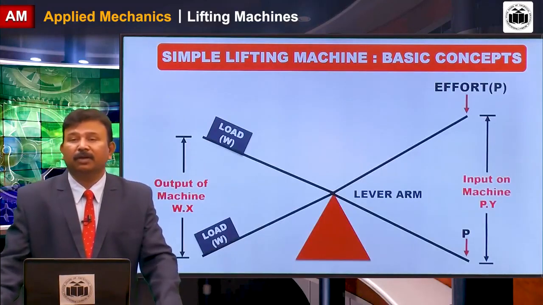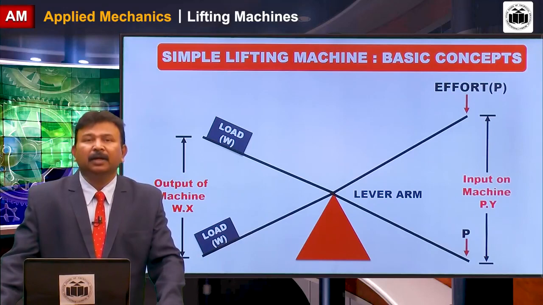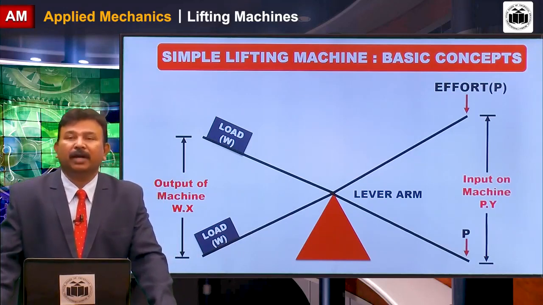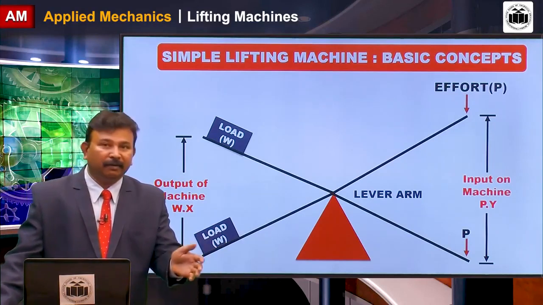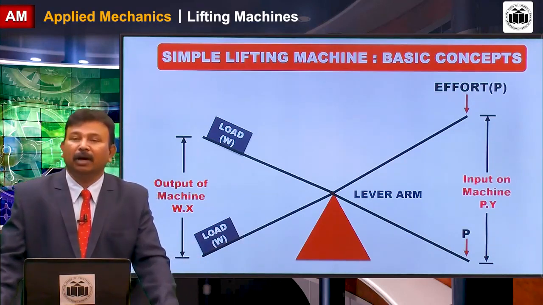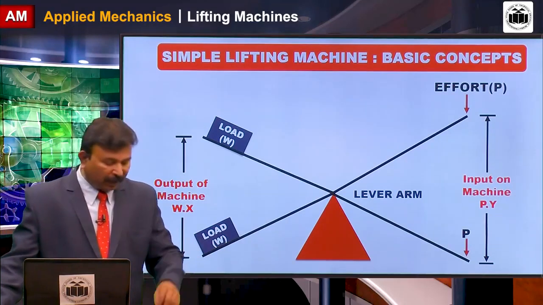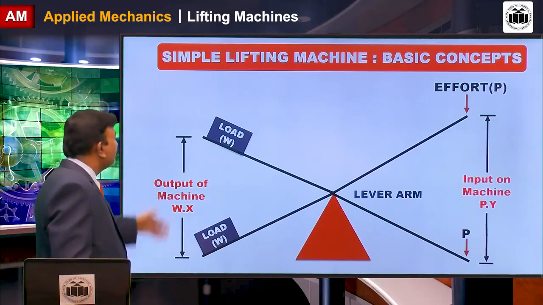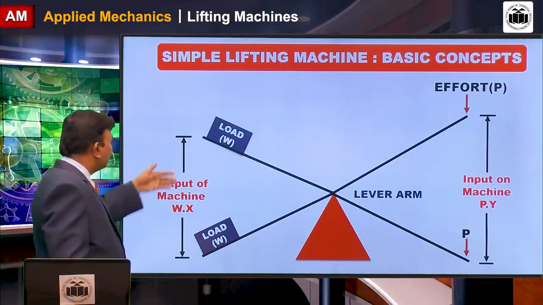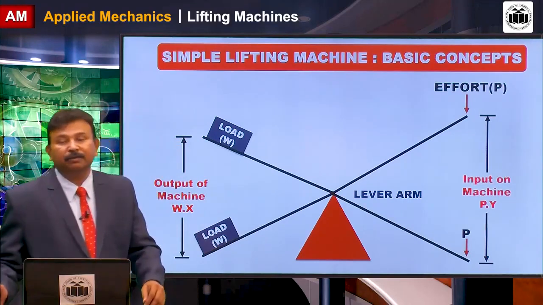Now one more concept we try to understand here. Machines always require input. Without input, no machine works. And what ultimately do we get? We get output from the machine. We can pinpoint the output of the machine by simply lifting the loads, and the output of the machine we measure in terms of work done.